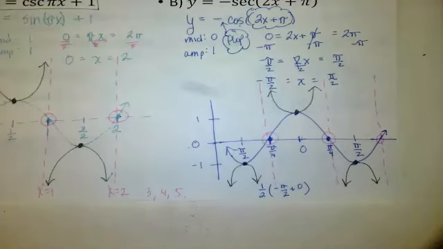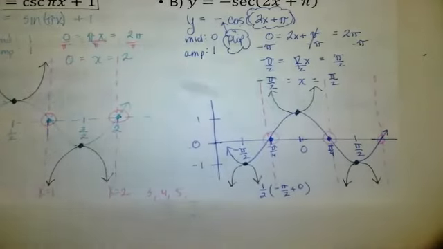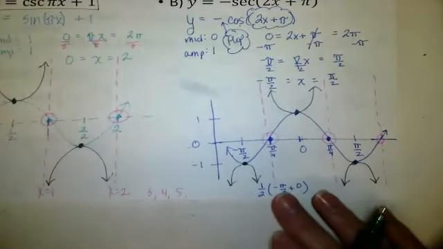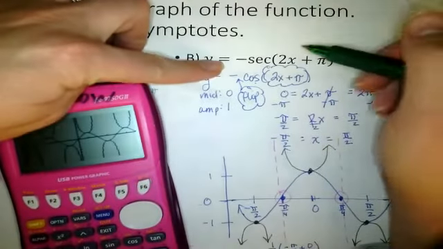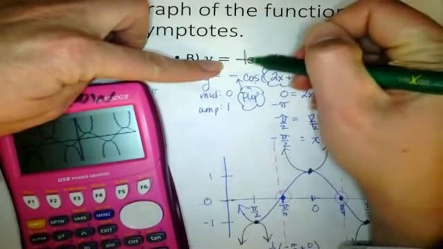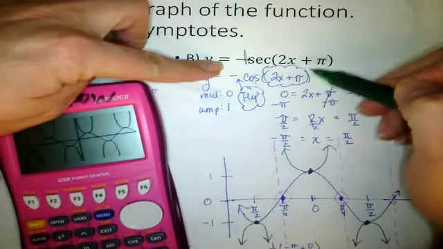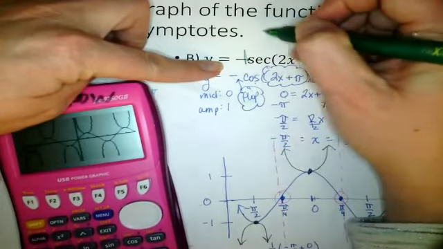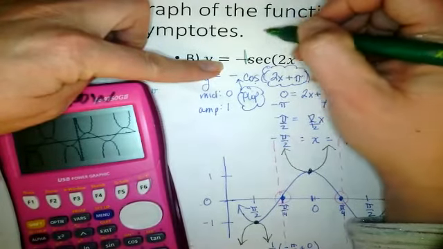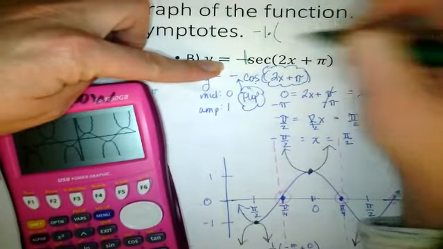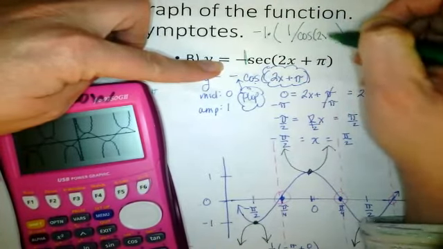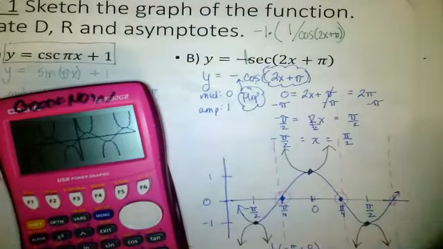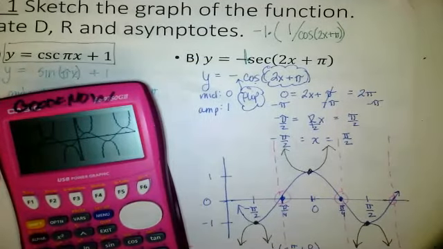I want to check this in my calculator. Typing these in can be hard. This is -1 times the secant of all this stuff, so that's -1 times 1 over the cosine of all of that stuff.